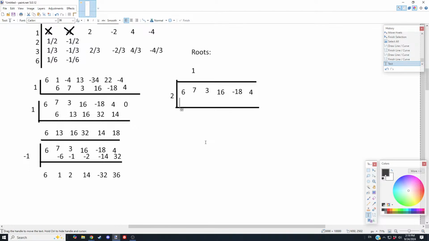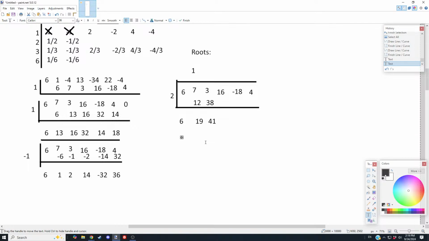So we're going to bring down the 6. Then 2 times 6 is 12. And then 12 plus 7 is 19. 19 times 2 is 38. 38 plus 3 is 41.